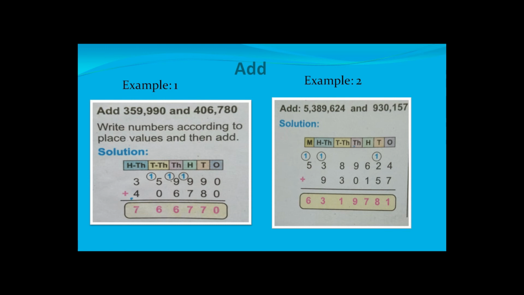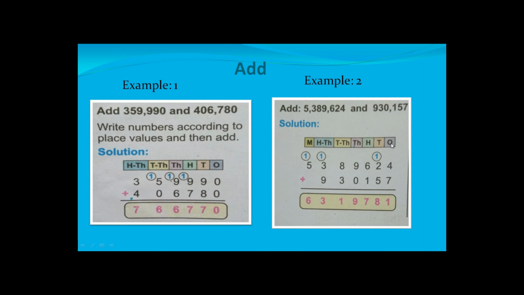There were also 7 digit values and 6 digit values. You know how to write them according to their place values. If you feel any difficulty, you write the place values. You can write the place value chart, then you can write the values below that chart.